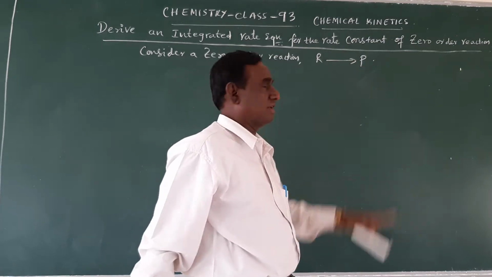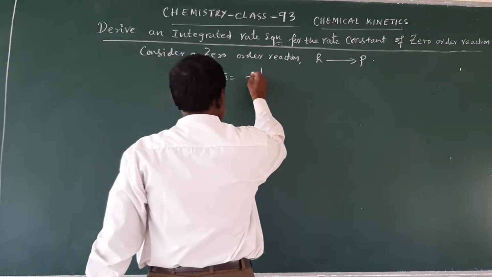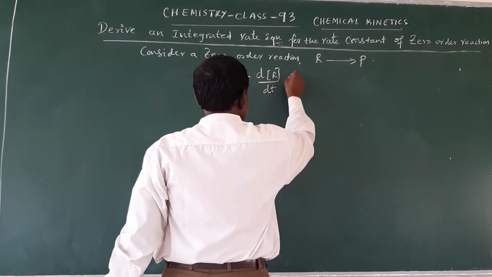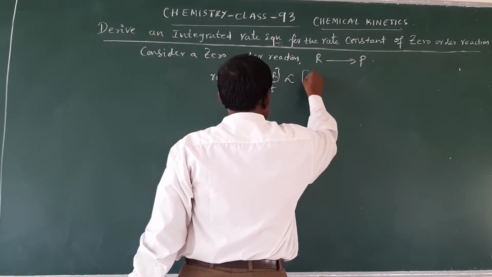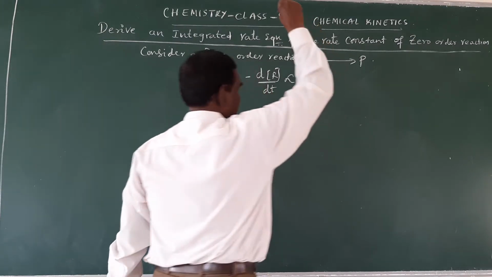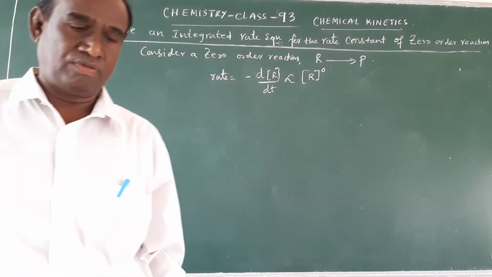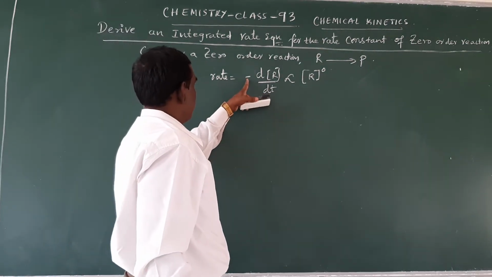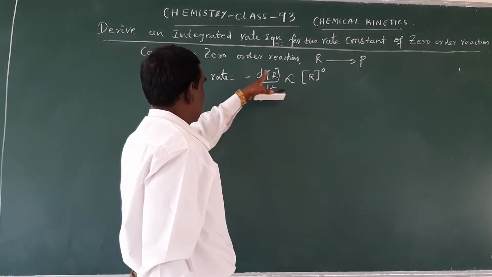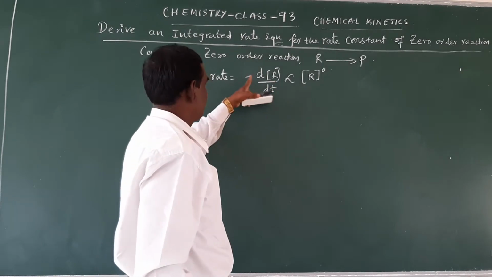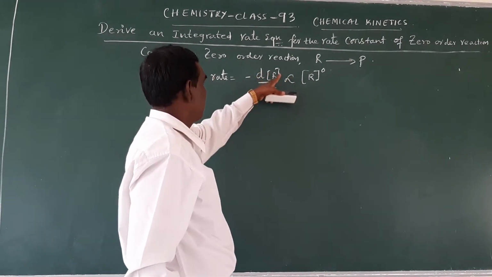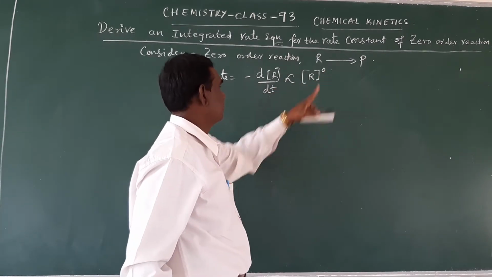Reactant tends to products. Therefore, minus dR divided by dt is directly proportional to the concentration of R to the power of 0. The minus sign means the concentration of the reactant decreases. That is minus dR divided by dt, that is dx by dt.